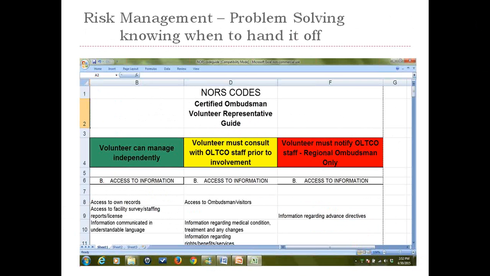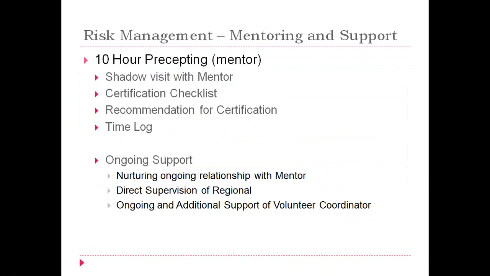So what it's been able to do is not only provide that clarification for the volunteer in what they can respond to, what they need to call in for, and what they need to leave alone, it also has provided the volunteer opportunities for support. And because it's less controversial, we've also found some volunteers staying with the program a little longer.